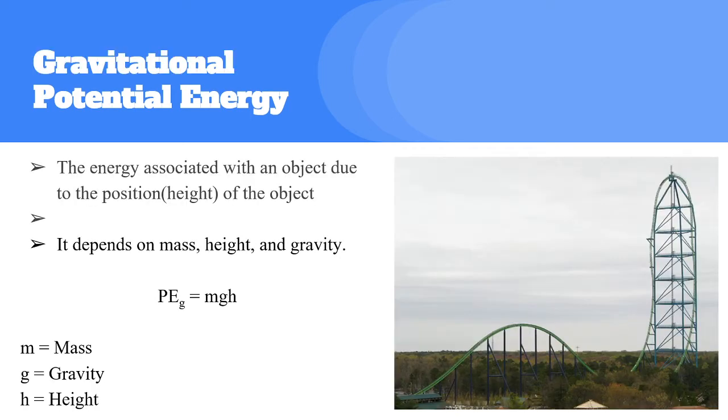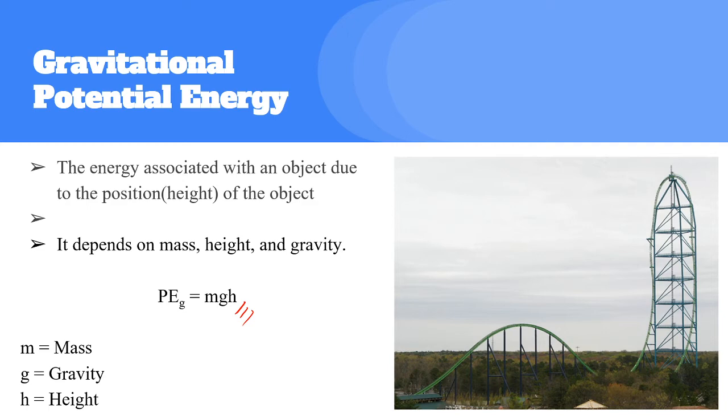And gravitational potential energy is about how much energy you gained due to your height. Only one thing. Height is going to give you some gravitational potential energy, regardless of your motion. You might be at rest, you might be moving. It is not about having kinetic energy or not. It's all about the height.